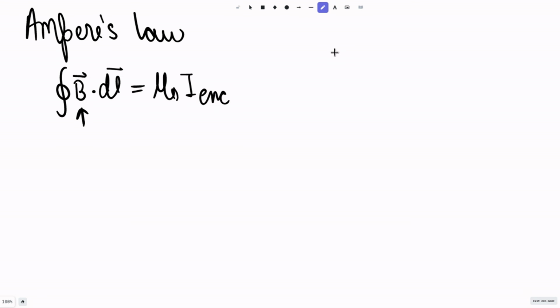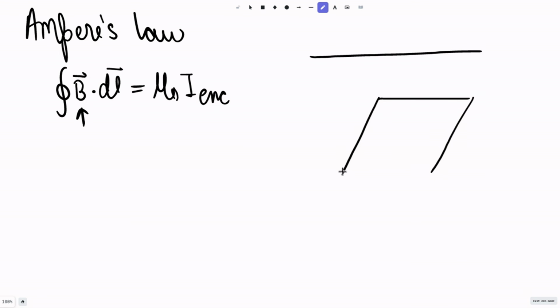In fact, Ampere's law can only be used for infinitely long straight wires, or an infinitely large sheet where a surface current flows, or a solenoid that is infinitely long again, or a toroid, which is basically a solenoid but circular. And that is why Ampere's law's applicability is not as good as Biot-Savart's law.